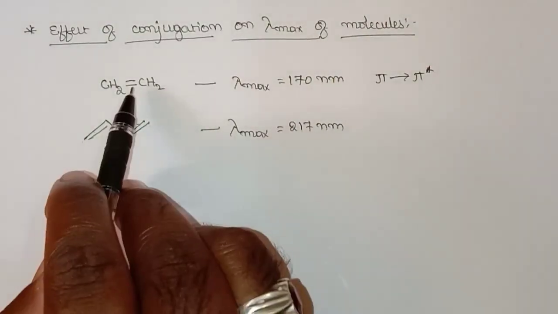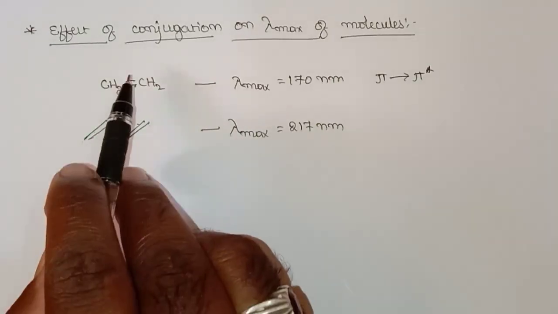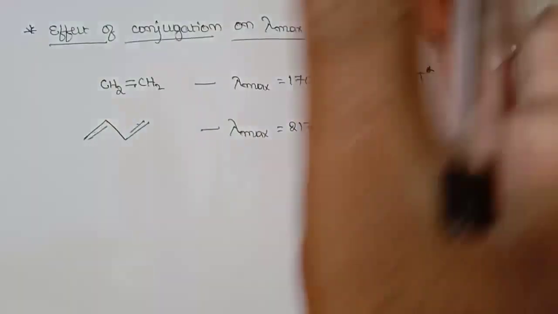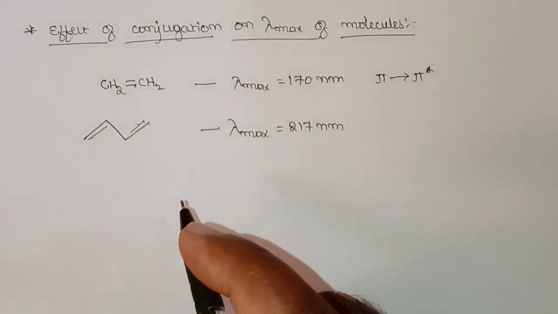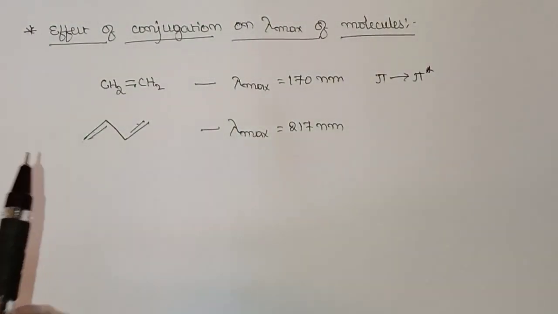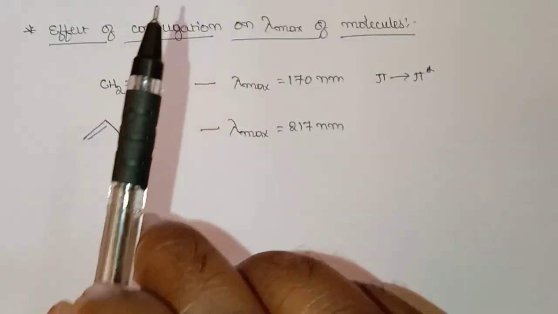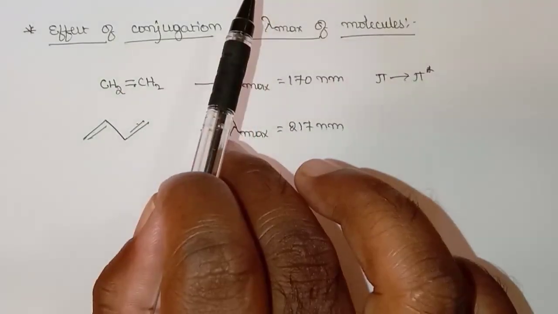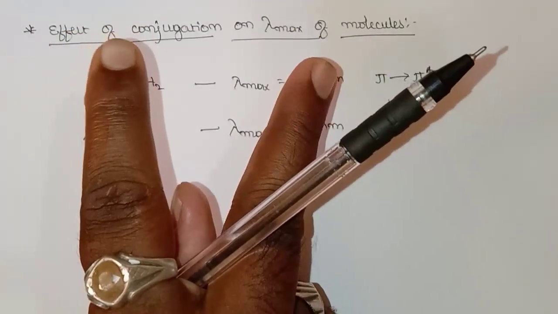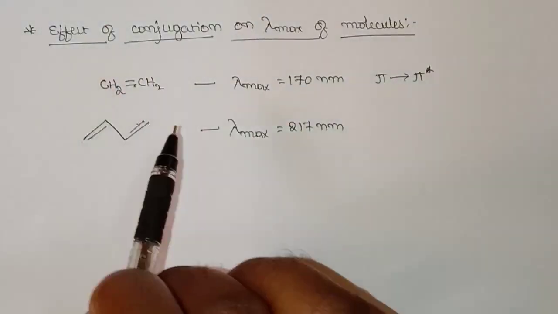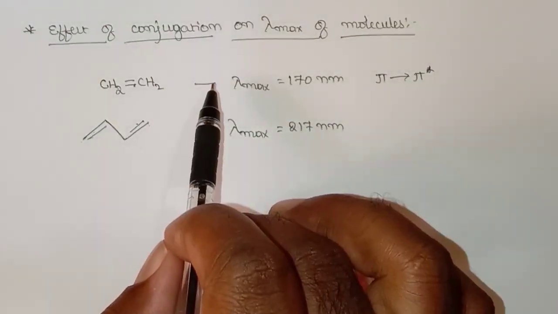So when a material extends its conjugation, the lambda max value also increases. That is, the bathochromic shift is more pronounced if the double bonds are in conjugation when compared to isolated ones, where the double bonds are present at extreme ends. So the bathochromic shift is highest in the case of conjugated double bonds.